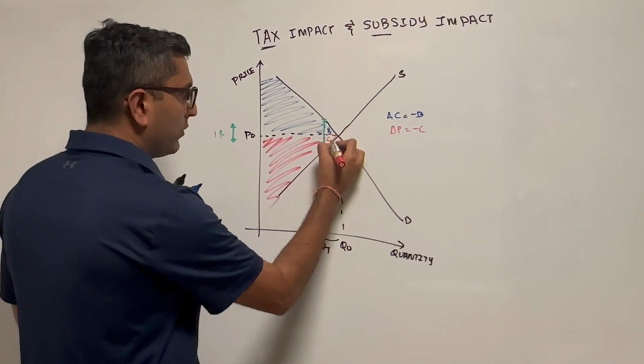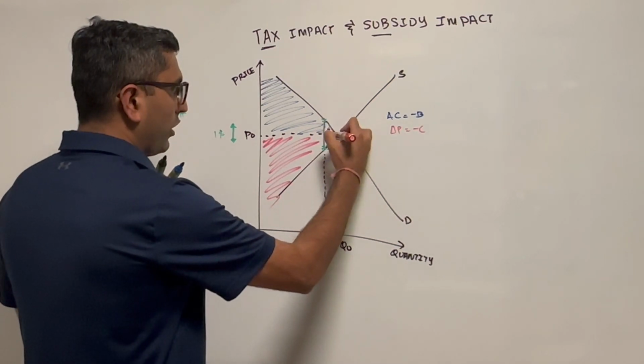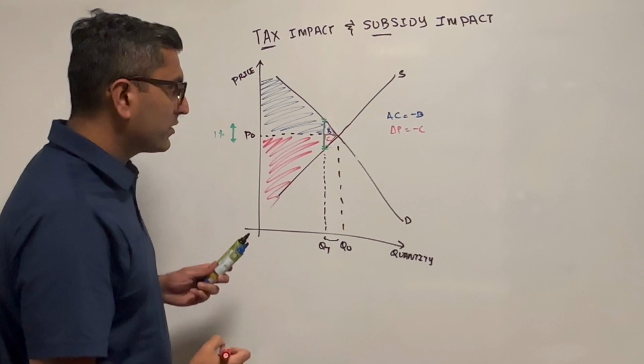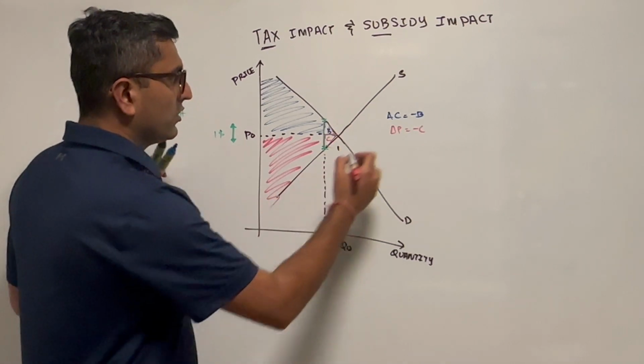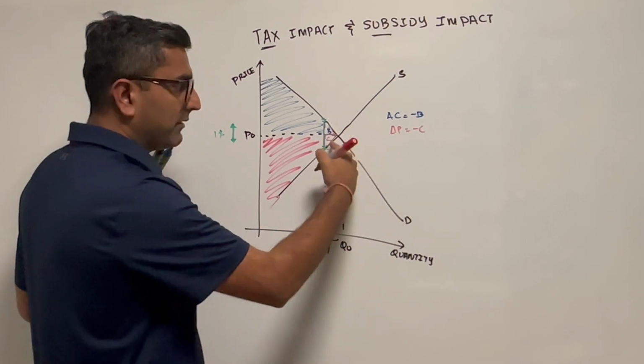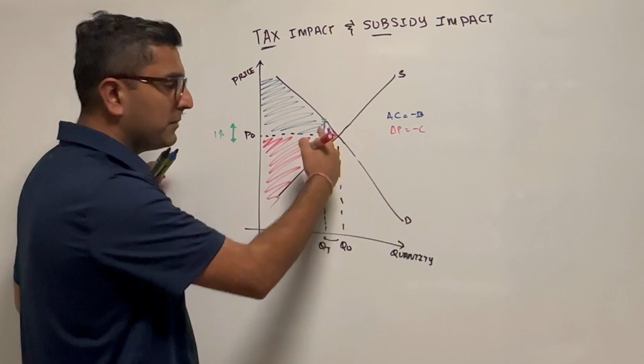This triangle was lost by the producers, and this triangle D was lost by the consumers. So this is already added as the deadweight, meaning overall the country lost B and C.